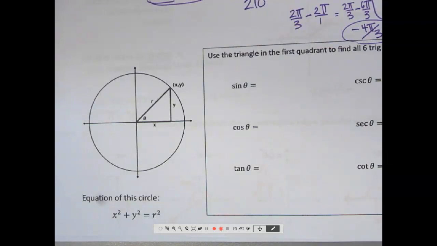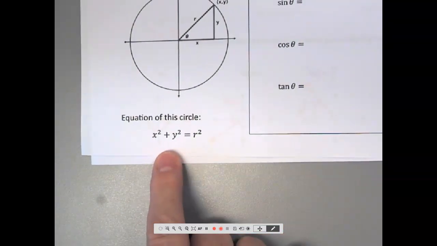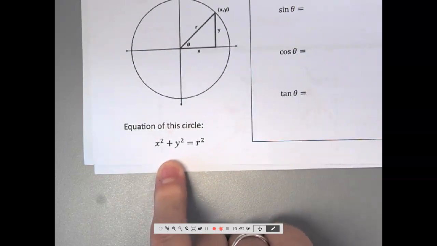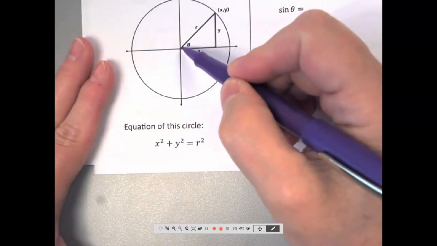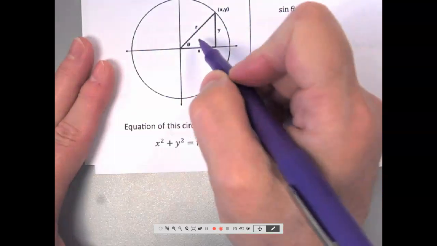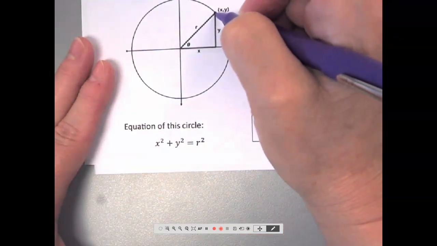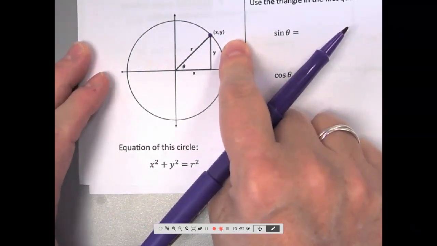Okay, so here we go. Here's a circle at the bottom of our paper. From geometry, this is the equation of a circle centered at the origin. X squared plus y squared equals r squared. And you can kind of see where this equation comes from. If we look at this triangle inscribed in this circle, theta is the angle up here by the origin, and this ordered pair is some generic ordered pair xy on the circle.